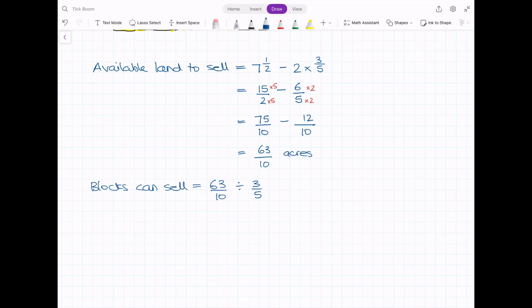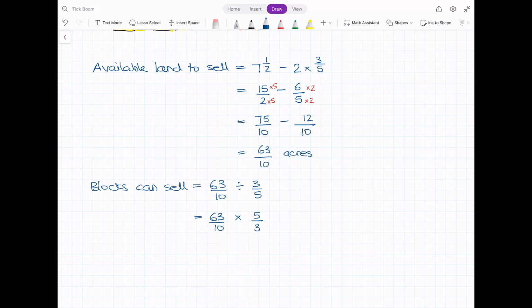Now, here's where we need to know that if we're dividing one fraction by another, we can keep the first fraction as it is, flip the second fraction, and then change the operation to be multiplied. So we keep the first, flip the second, and then change the operation.